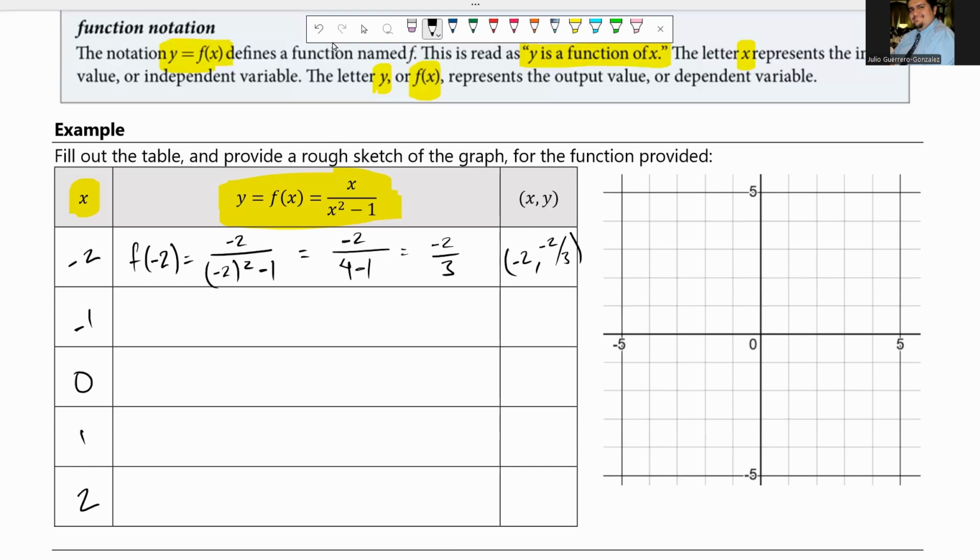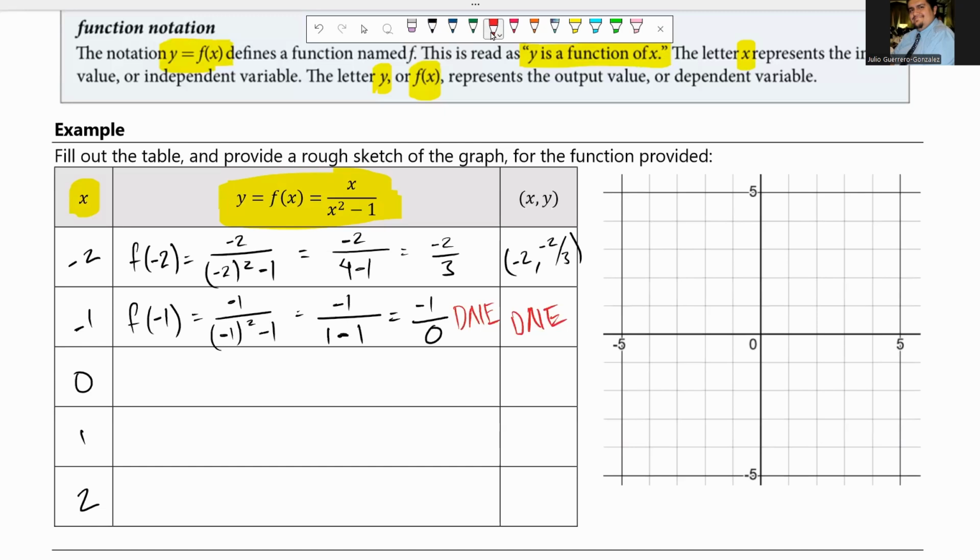Okay, let's do it again, but we'll do it for -1. So now we have f of -1: -1 over (-1) squared minus 1, -1 over 1 minus 1, -1 over 0. Whenever you have something like this, we call it DNE, and what DNE stands for is does not exist.